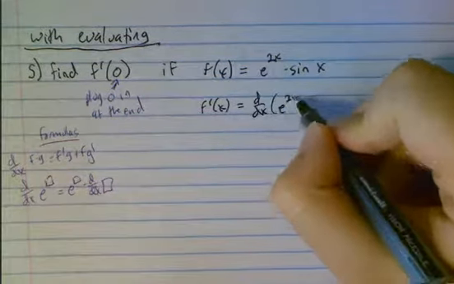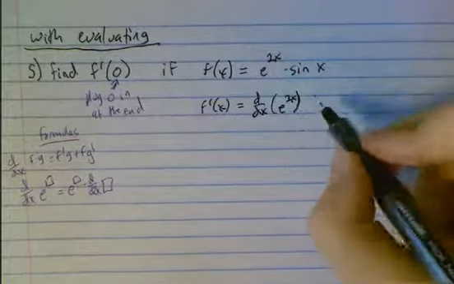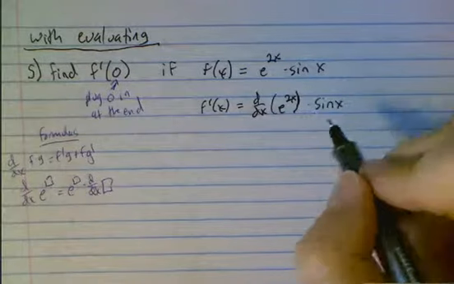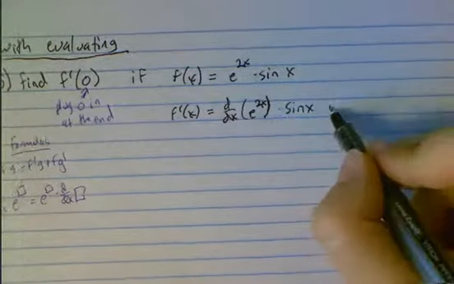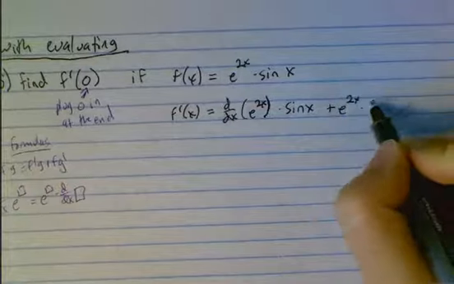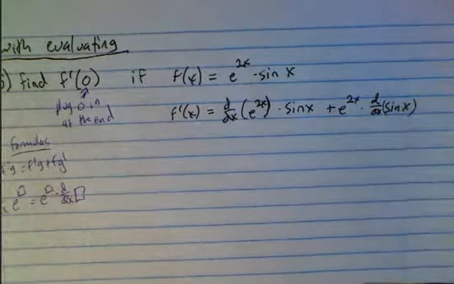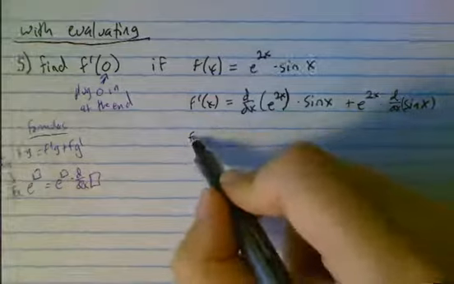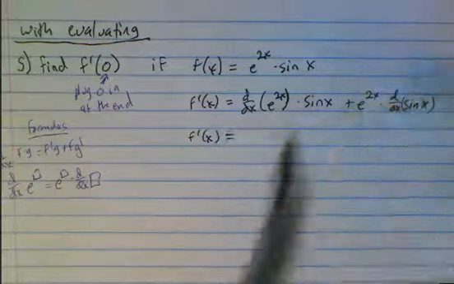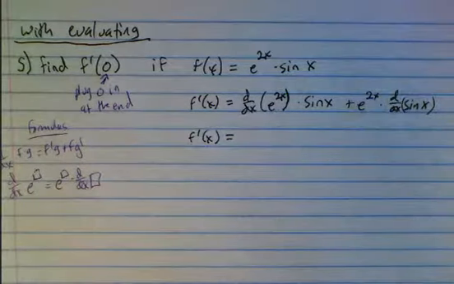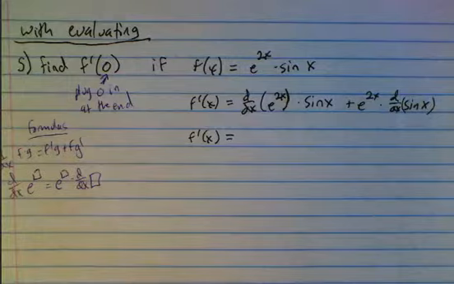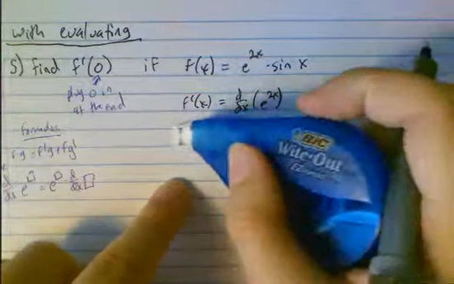Derivative of e to the 2x times the sine of x plus e to the 2x times the derivative of the sine of x. Let's work these out separately.